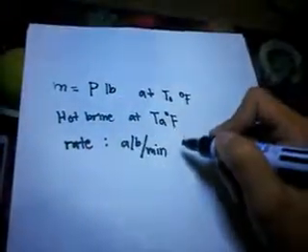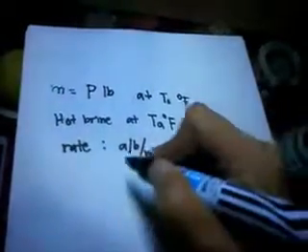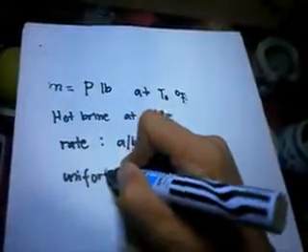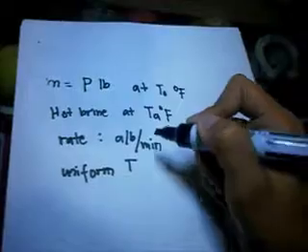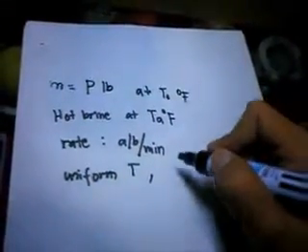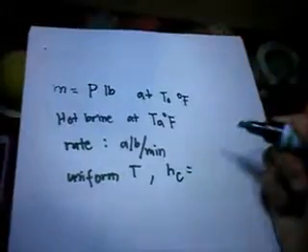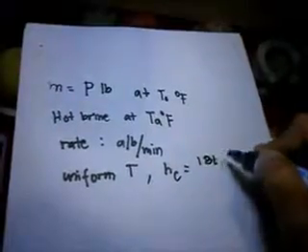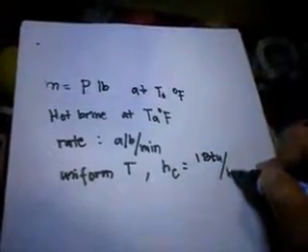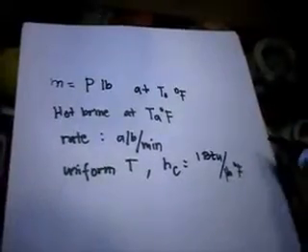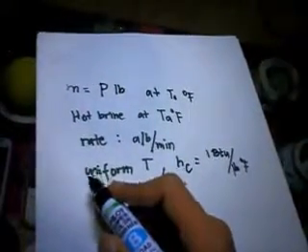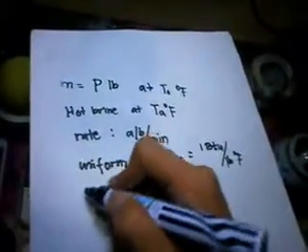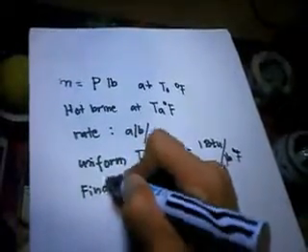And we have uniform temperature inside the brine, inside the tank, and we have heat capacity, let's denote that one as HC, heat capacity of brine, which is 1 BTU per pound degree Fahrenheit. So the question is: find the temperature of the brine in the tank as a function of time. So let's find T.